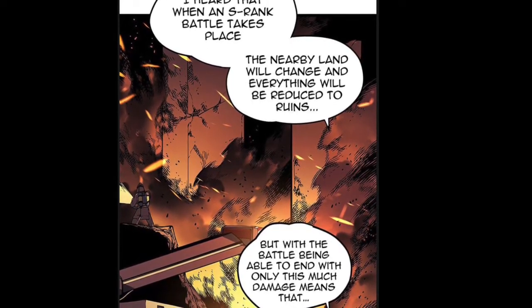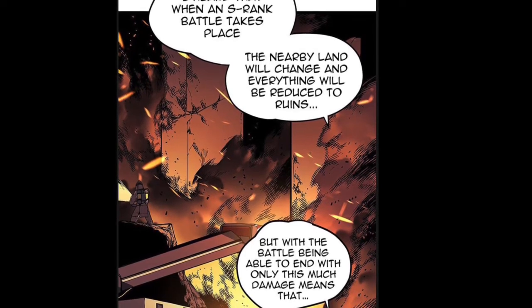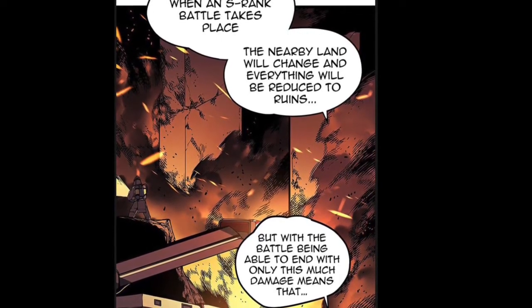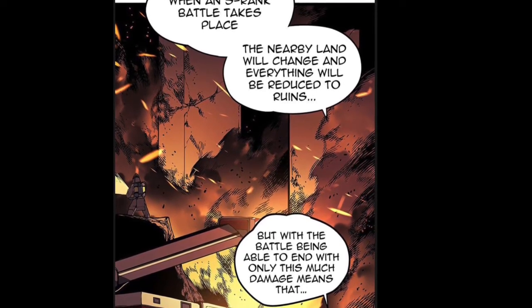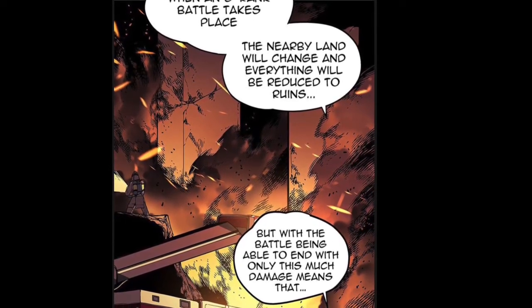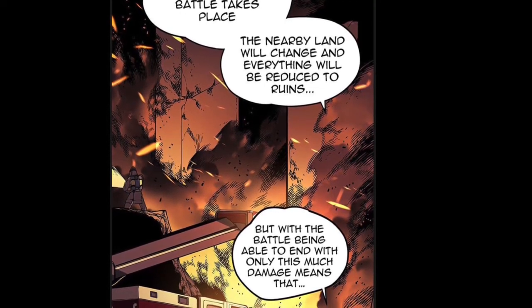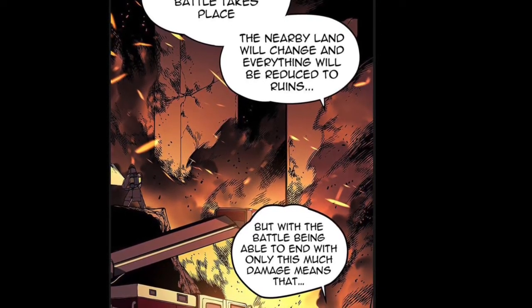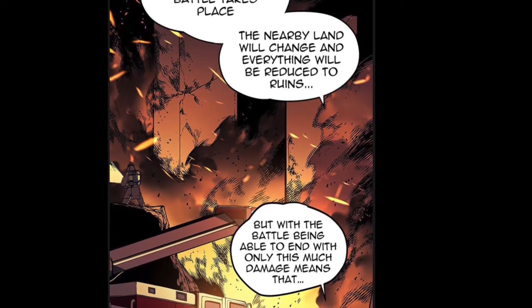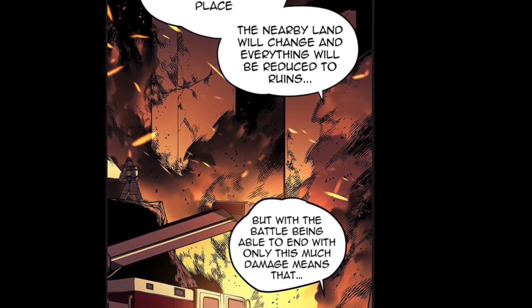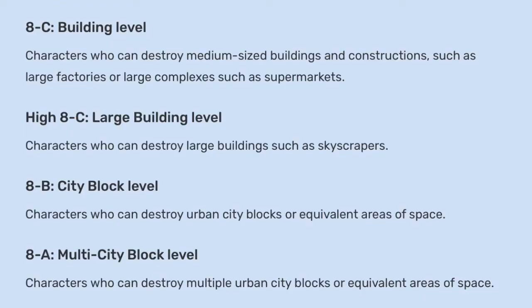But we don't really know completely if they just destroyed one building or the entire area, since it only said the land changed and was destroyed, but they don't say how much. So I'd say that S rank hunters are anywhere from 8C to what's going to come next, which is 8B, city block level.